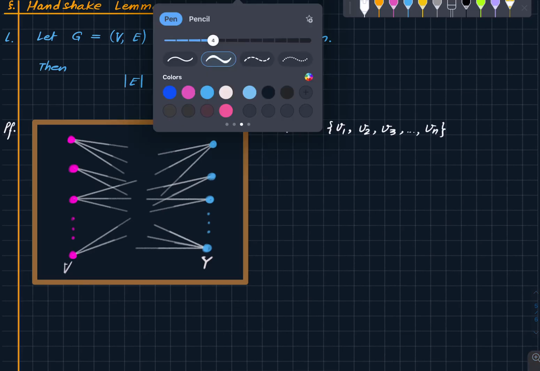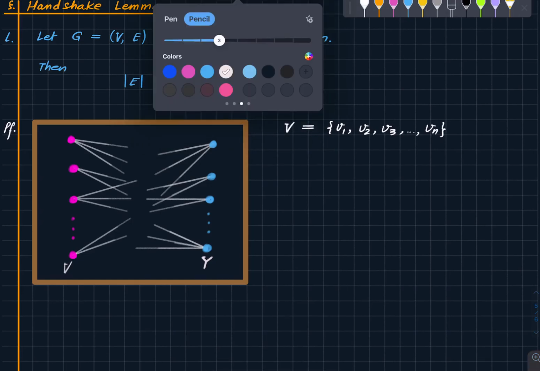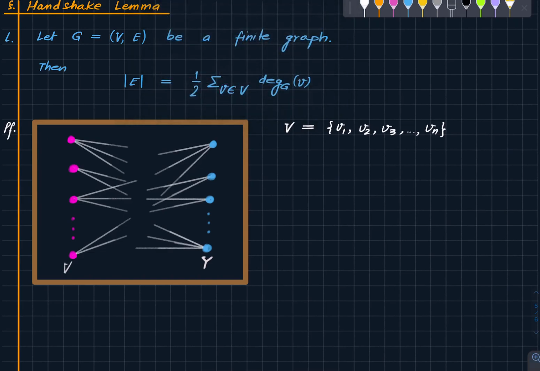So this is V1, this is V2, this is V3 up to Vn. Okay, and on the right side, this is all the edges.